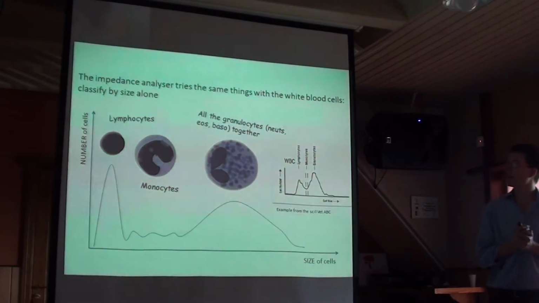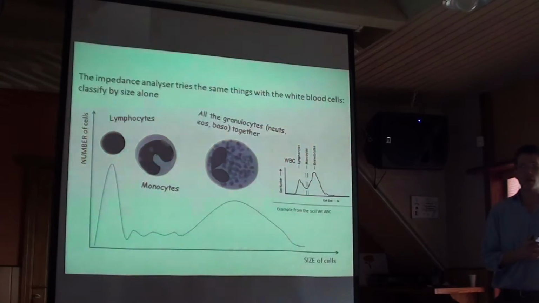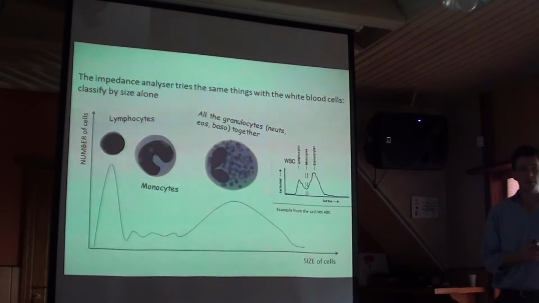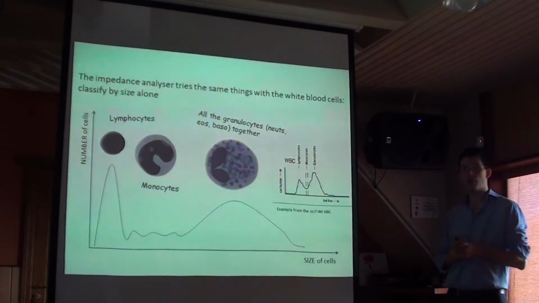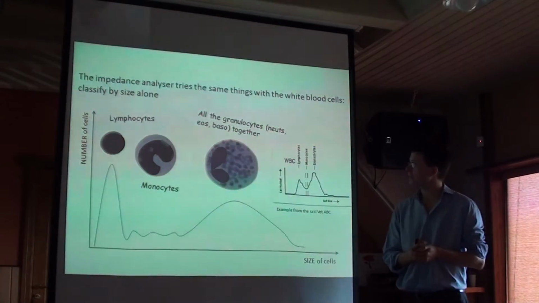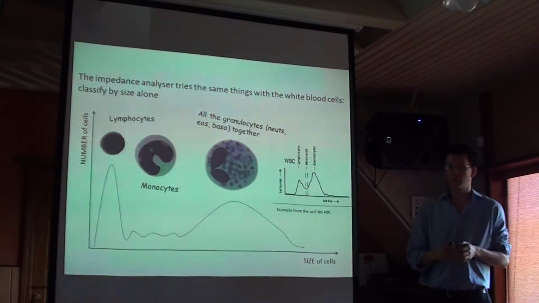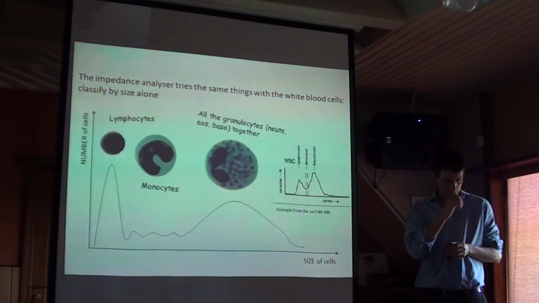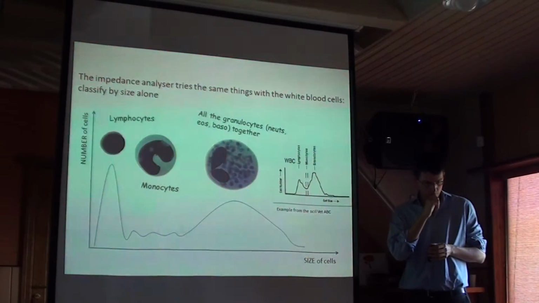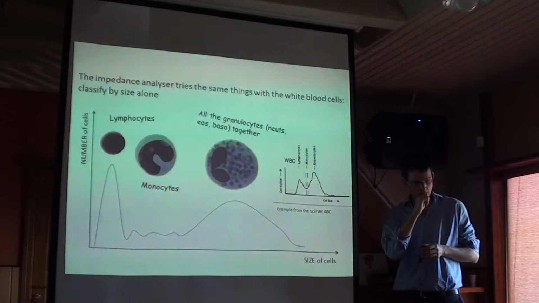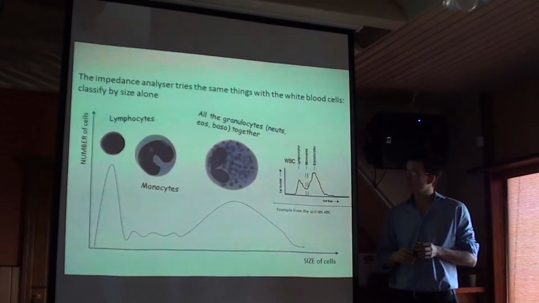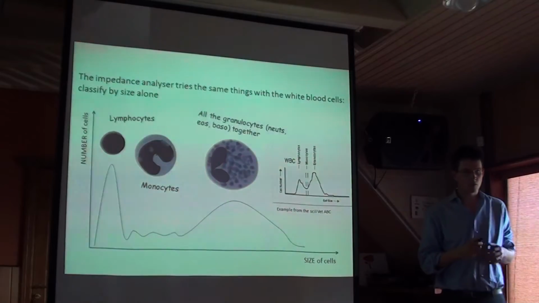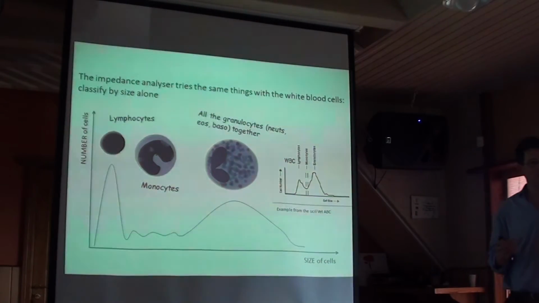So the impedance analyzers try to do the same thing with the white blood cells as well, and they're trying to sort the white blood cells by size alone. Impedance-masinad püüavad sama asja teha siis ka valgete verelibledega ja diferentseerida erinevat tüüpi vereliblesid nende suuruse järgi. Again, the graphs look complex, but they're not unduly difficult.